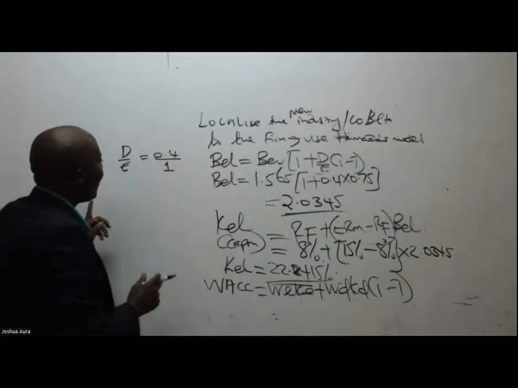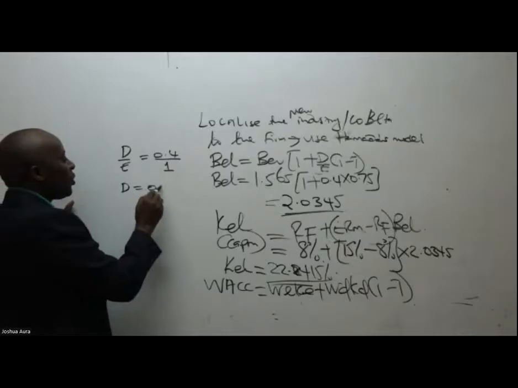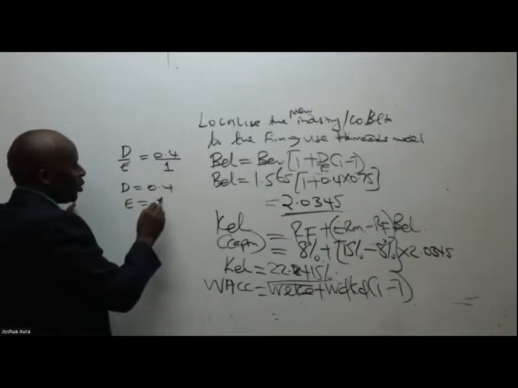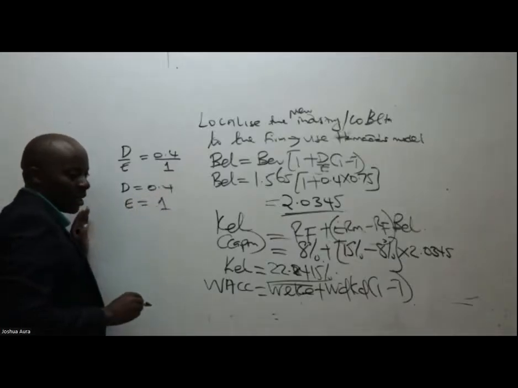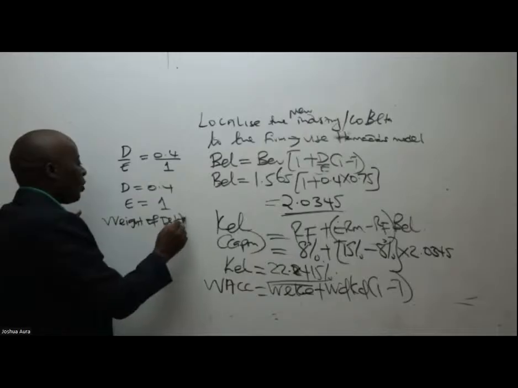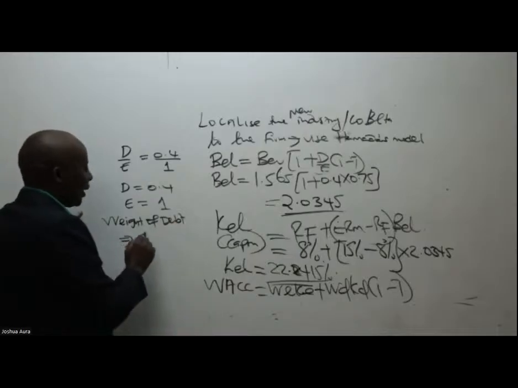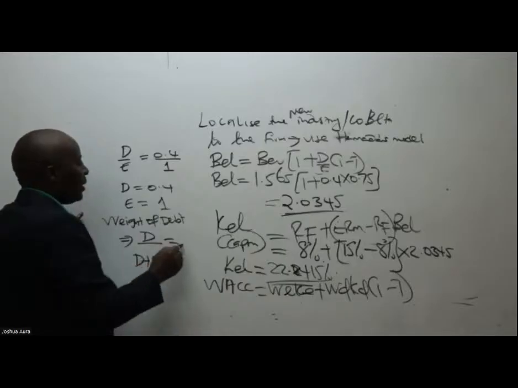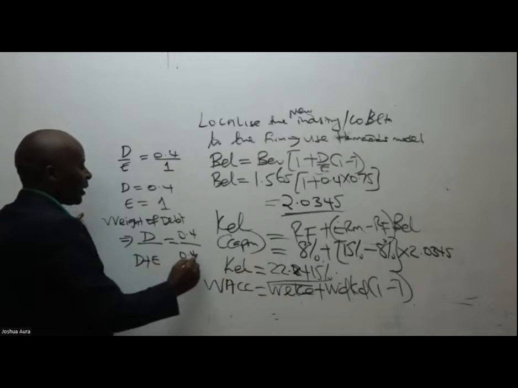So debt, in short, is 0.4 and equity, in short, is 1. When you want the weight of debt, it will be debt over debt plus equity. Debt is 0.4 over 0.4 plus 1.